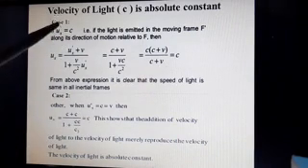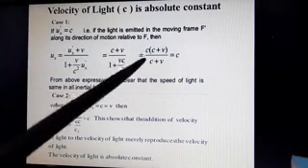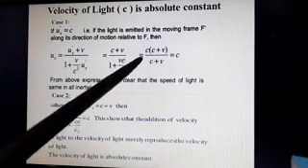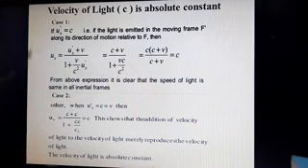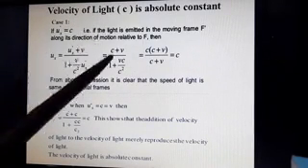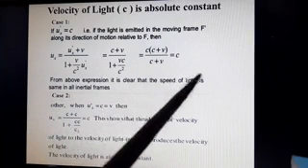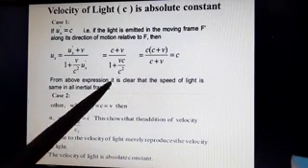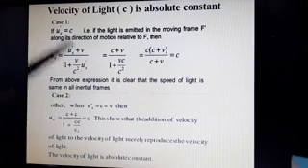It means if the particle is moving with the velocity of light, then there is no transformation of velocity. The velocities of that particle in both frames are always the same. So this is called constancy of light, or absolute constant. From the equation, it is clear that the speed of light is the same in all inertial frames. It will not depend upon the motion of the frame.